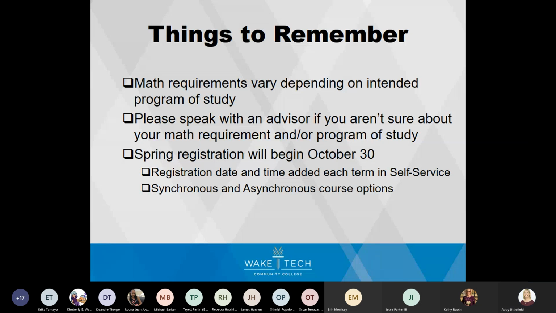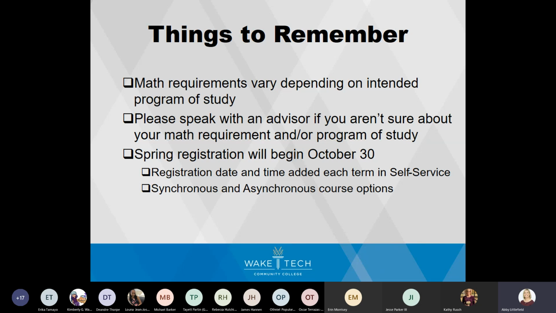We also want to make sure you're aware that spring registration is very quickly approaching. So registration is going to open on October 30th. And then registration itself is based on hours completed. So I want to be really clear that not everyone will be able to register on October 30th.